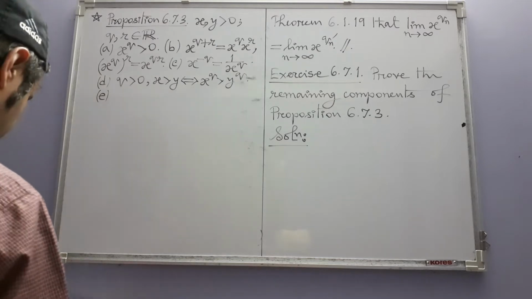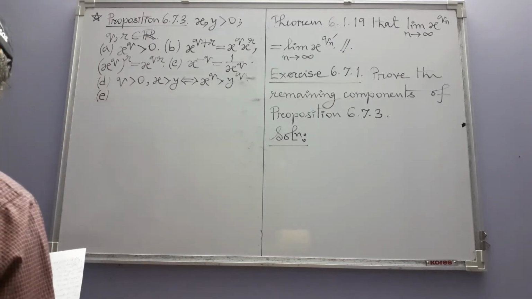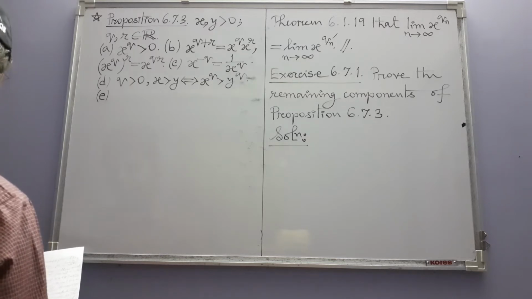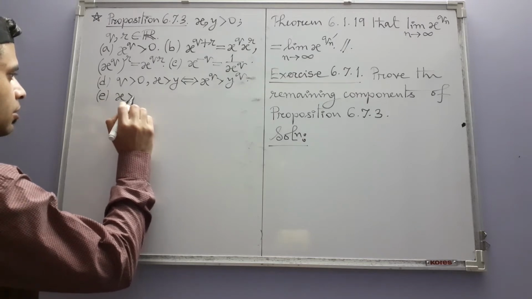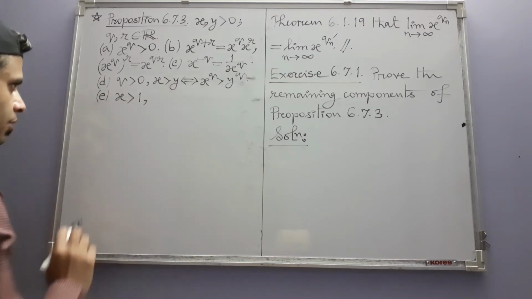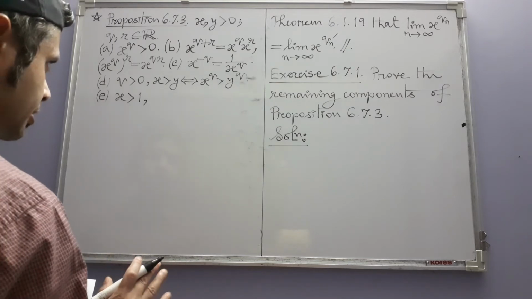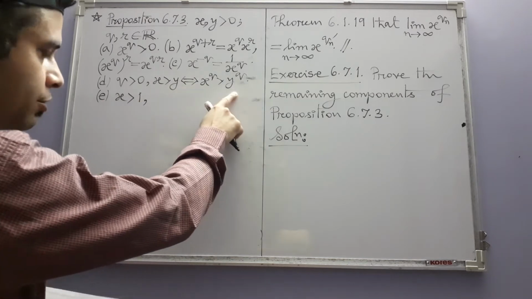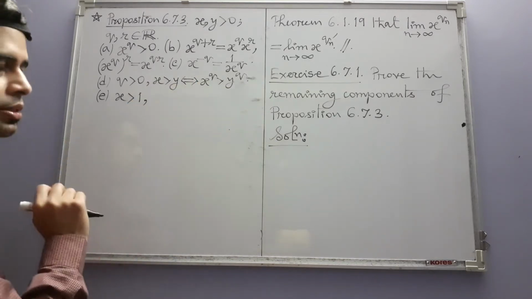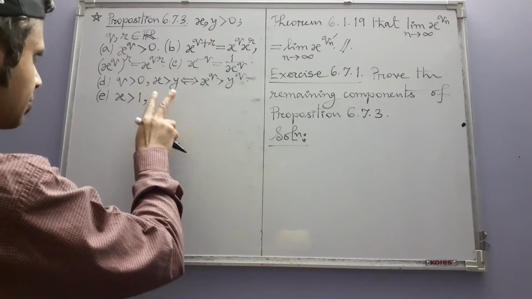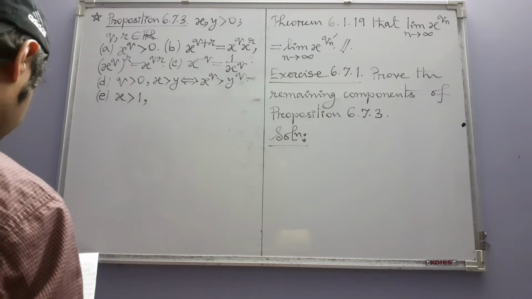In part E, there are two parts depending on the type of the base. Here we have two possibly different bases. In this one the base will stay the same, but the exponents will change.